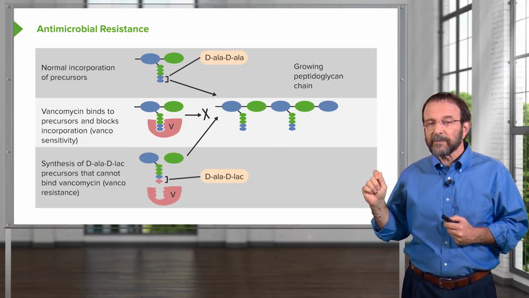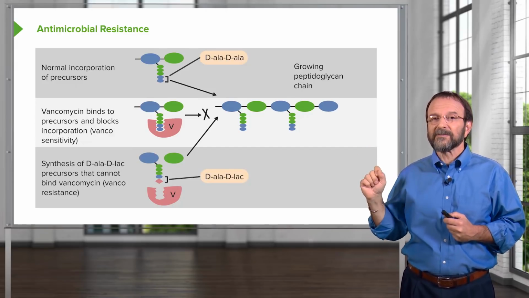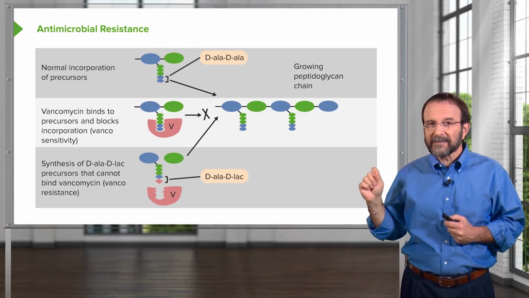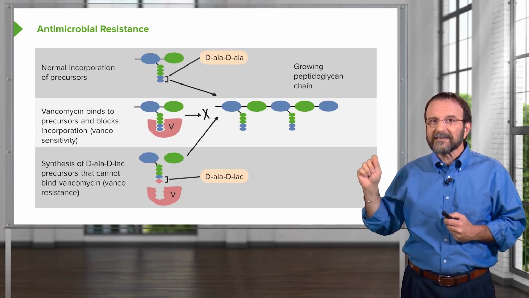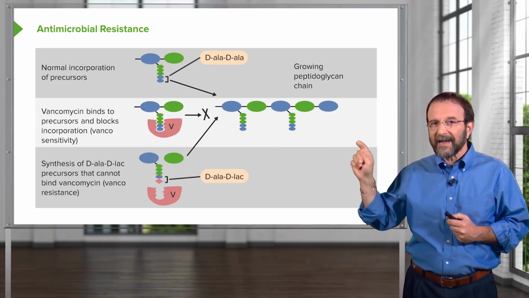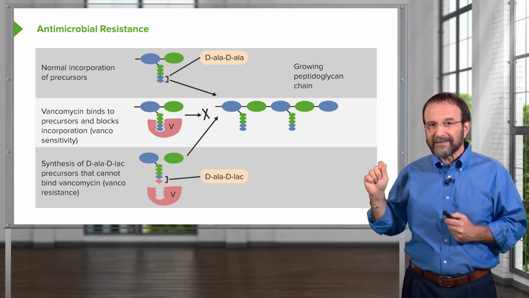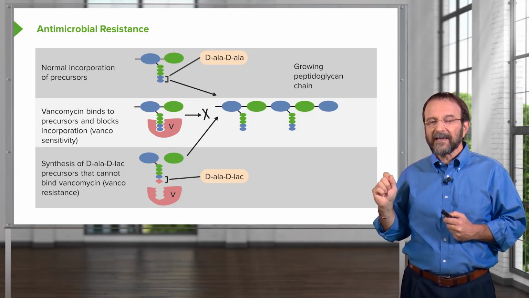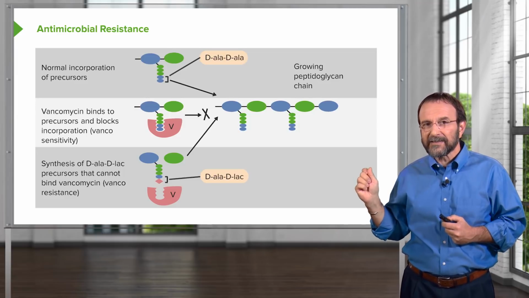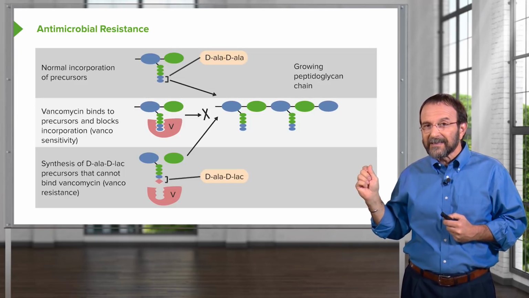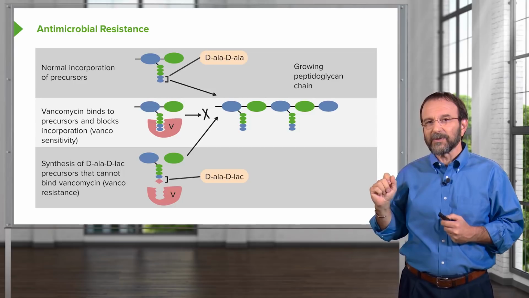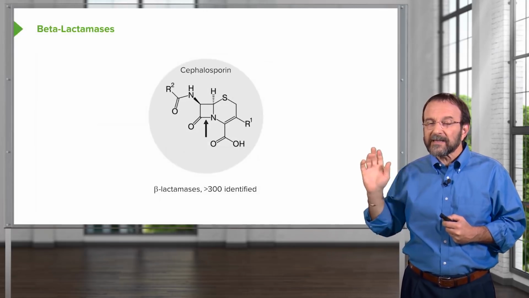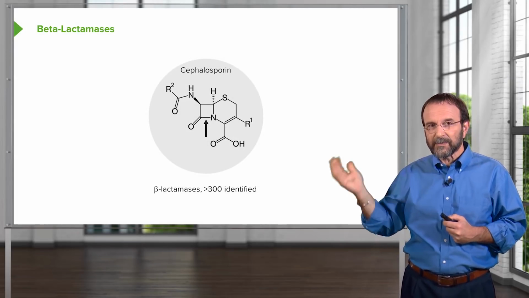Resistance to vancomycin, one mechanism of resistance, is simply that the bacterium changes the D-Ala-D-Ala to D-Ala-D-Lac, and lactate can be incorporated into this chain. It evades vancomycin, and the antibiotic no longer works. That's one example of the way resistance works.